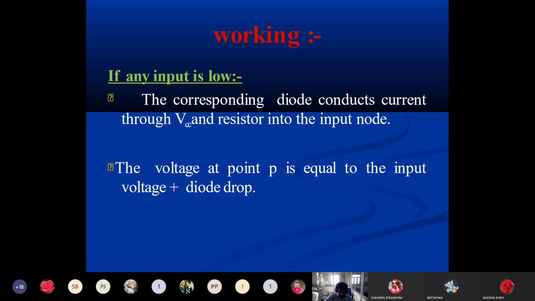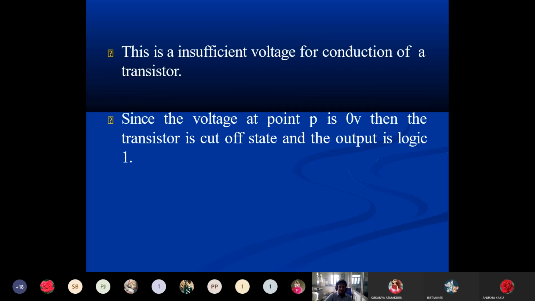In this case, it gives a low state and a high state. When the transistor is in the cutoff region, there is insufficient voltage for conduction.